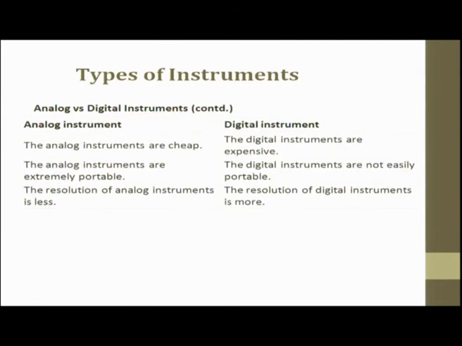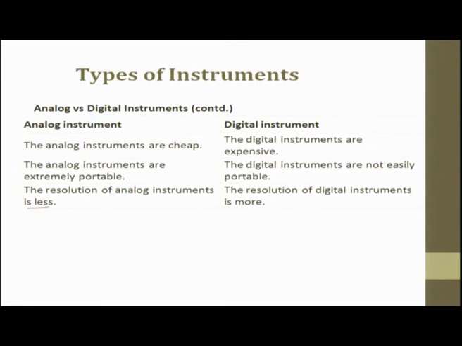Analog instruments are very economical. Digital are expensive, but now they have also become economical because a lot of mass production of digital equipment has started coming into the market. The analog instruments are extremely portable, the digital instruments are not easily portable. We are talking in totality, but now these have also become portable. The resolution of the analog instrument is less, the resolution of the digital is more.